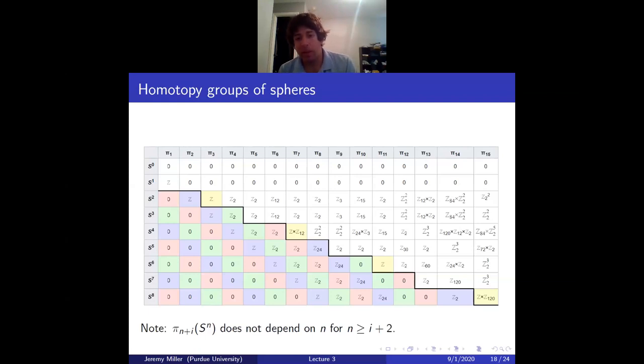So pi_3 of S^2 is going to be the same as pi_3 of S^3, and we're going to be able to compute that because that's equal to homology. And then we just need to find a space that's one more connected than S^3 and has the same higher homotopy groups, and then we just compute the homology of that space.